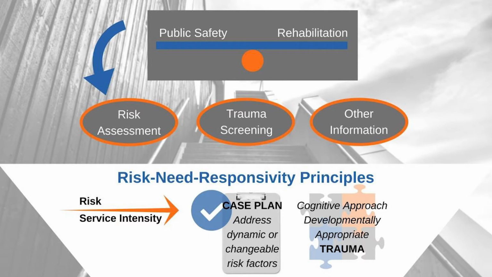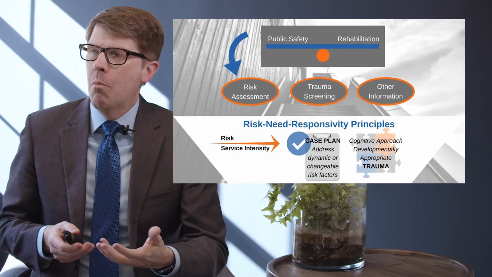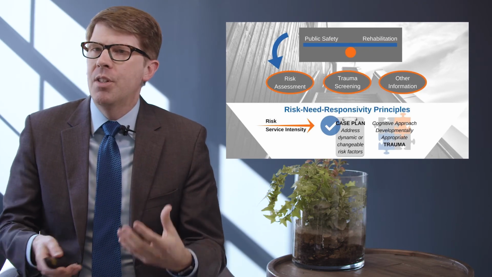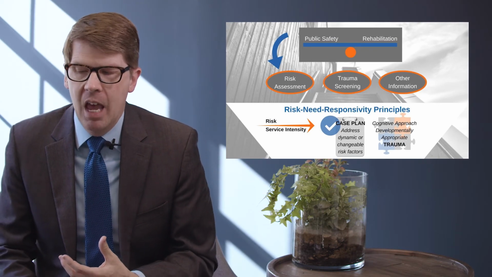Now with the CTS, we also have trauma screening as well, identifying a history of traumatic event exposures and also current trauma reactions in youth. And now we have 3 different tools, all addressing different types of needs.